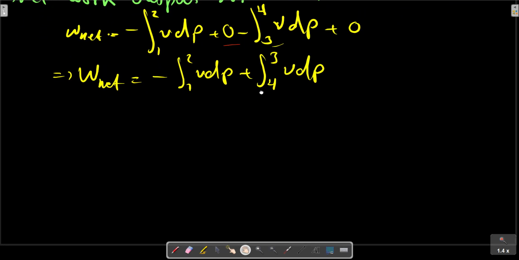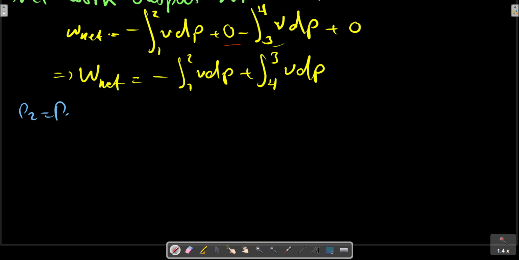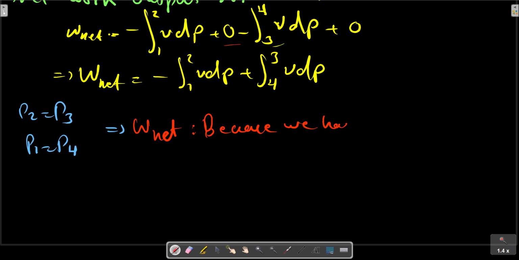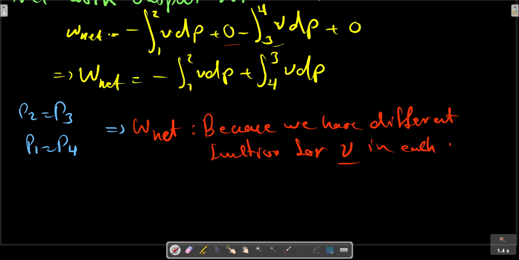And since P2 equals P3 and P1 equals P4, we find that the system produces a net work output because we have a different function for V in each integral.